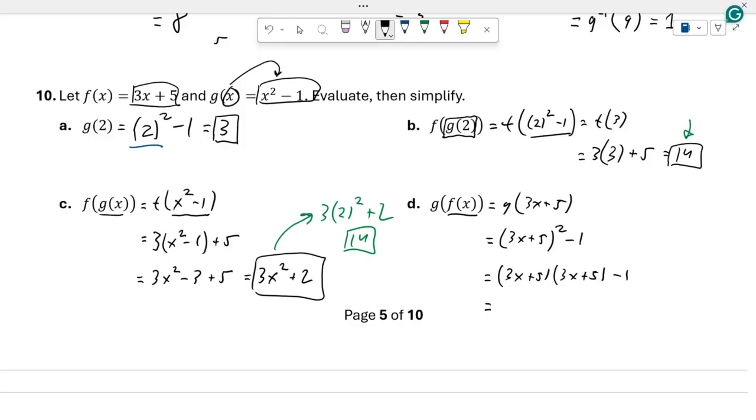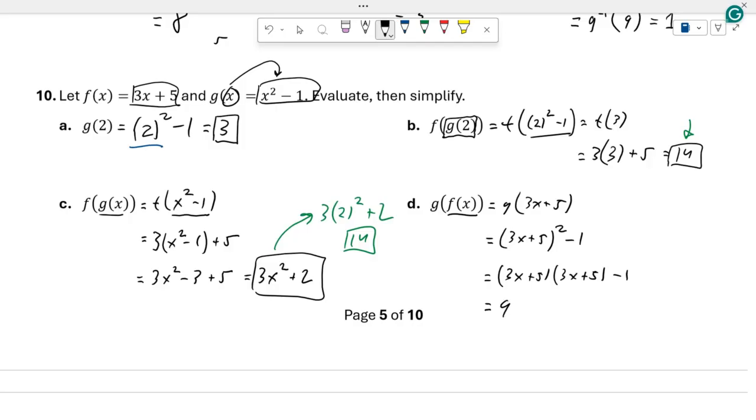We have a binomial times a binomial. Well, that's just a classic FOIL question. And FOIL is just the distributive property. FOIL is not a technical math term. It's just a mnemonic that we use in school to learn what to do. So technically, we're doing the distributive property 4 times. But FOIL, of course, is first, outer, inner, last. First, we have 3x times 3x.